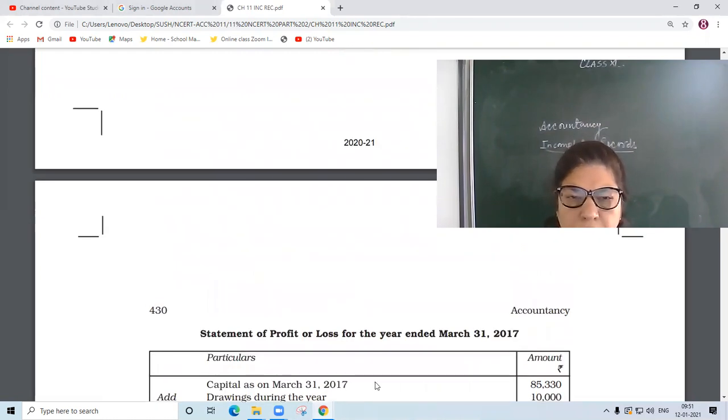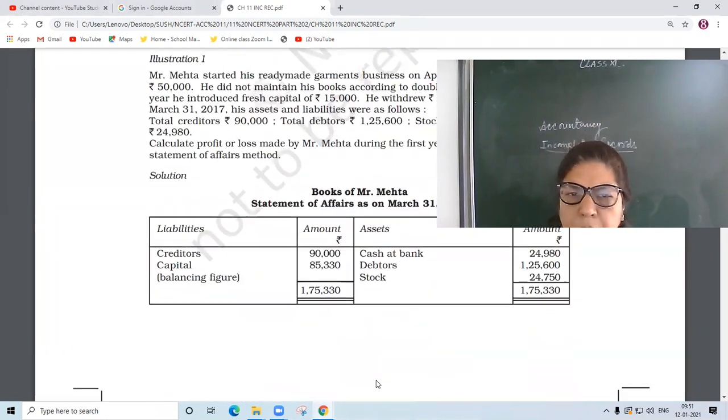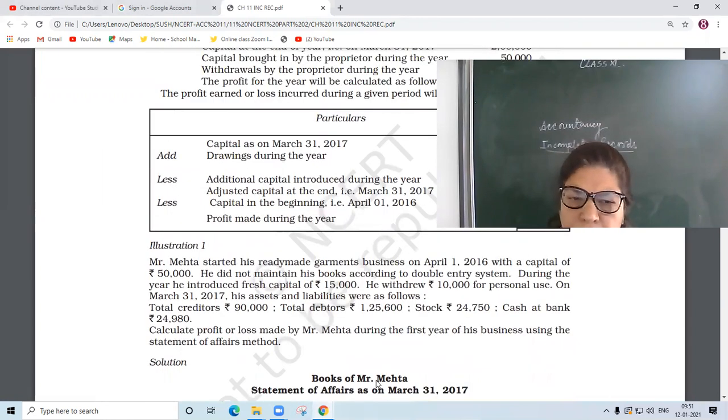Now what is the major part or main part of this question? Everything is given clearly. See, opening capital 50,000, no problem. Introduced fresh capital 15,000 means additional capital, clearly given.